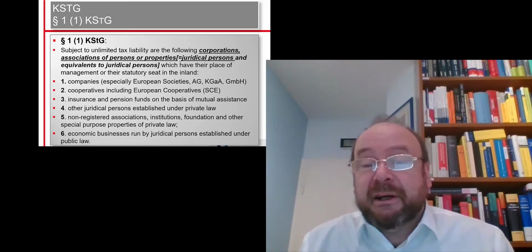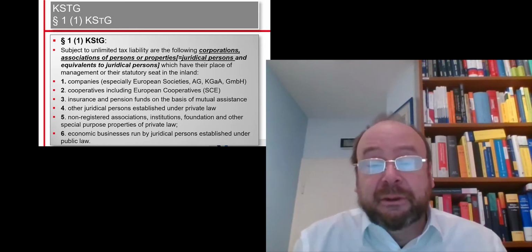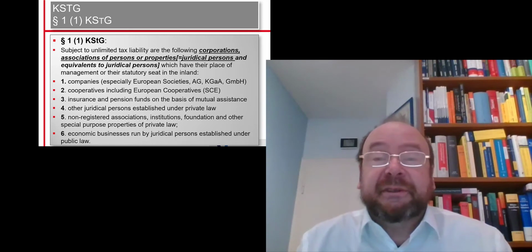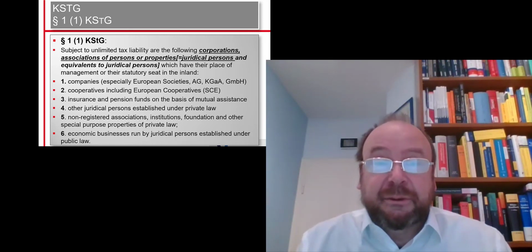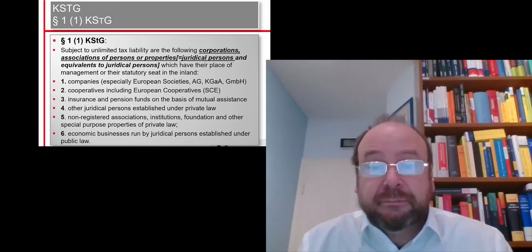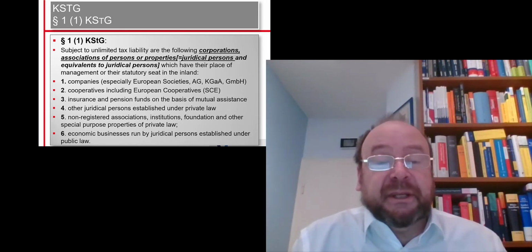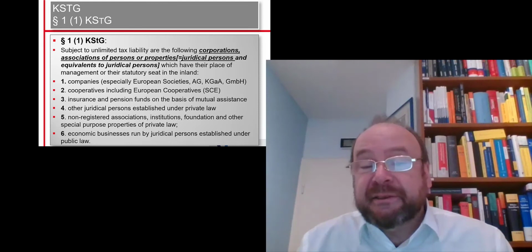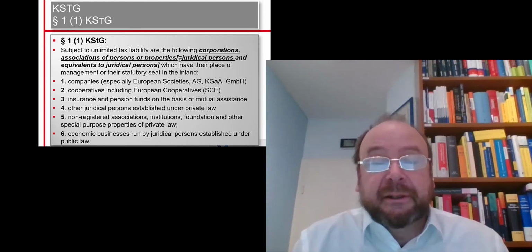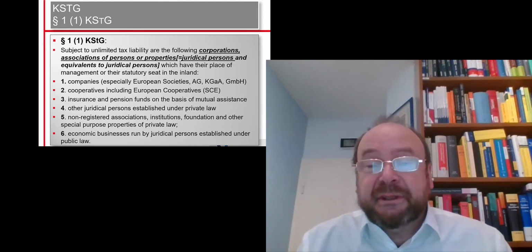So if you have your registered office in Cologne, there an authority in Cologne will register you, and there you get the status of a GmbH or AG. So that means if you are registered in the inland, you are automatically an unlimited tax liability taxpayer.